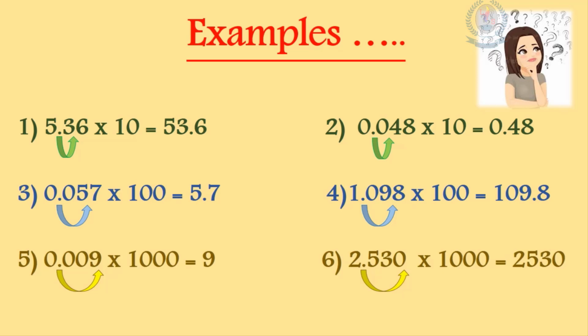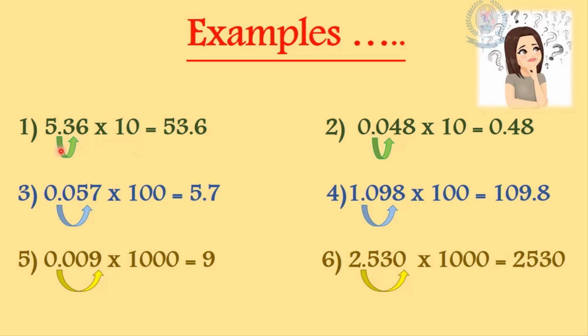Now look at these examples. Here I have given 6 examples. First one, 5.36 multiplied by 10. Here we have to multiply this decimal of 5.36 value by 10. As I told you in the previous slide, if we have to multiply a decimal by 10, we have to take the decimal place to right hand side by one digit.